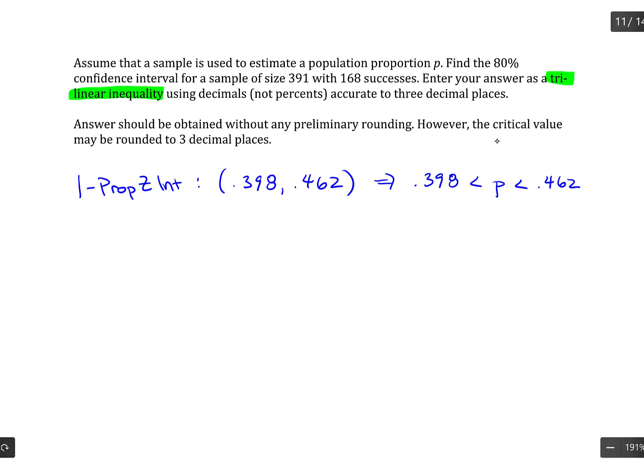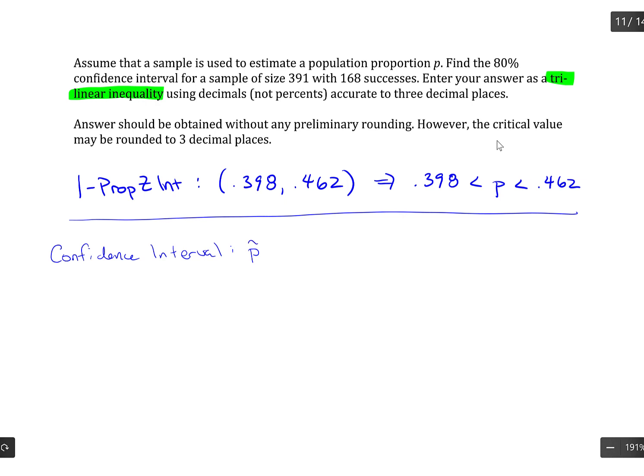If you're not, if you need to use some formulas, then let me show you how to do this with formulas. So a confidence interval, the way we get it through formulas is we need to take our point estimate, p hat, plus or minus some margin of error. So p hat is relatively easy to come up with. P hat is just equal to x divided by n.